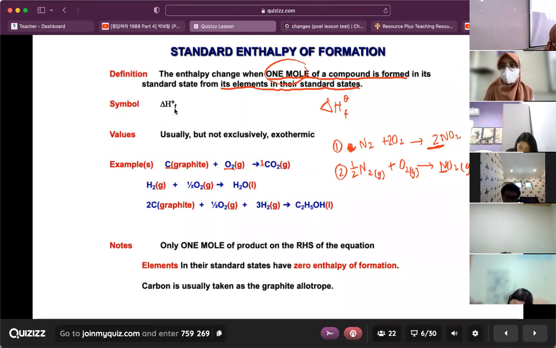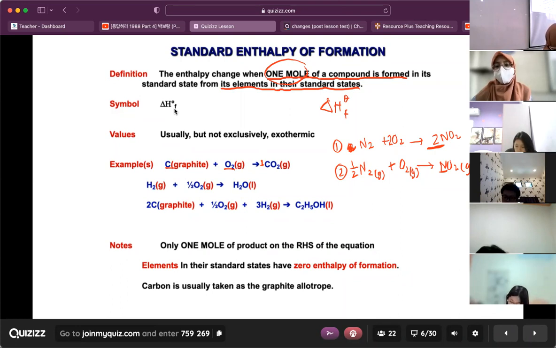In general, if it's not following the definition of any enthalpy change that you study, we just write down enthalpy change of reaction. The symbol is delta H R, with the standard symbol, and then R.